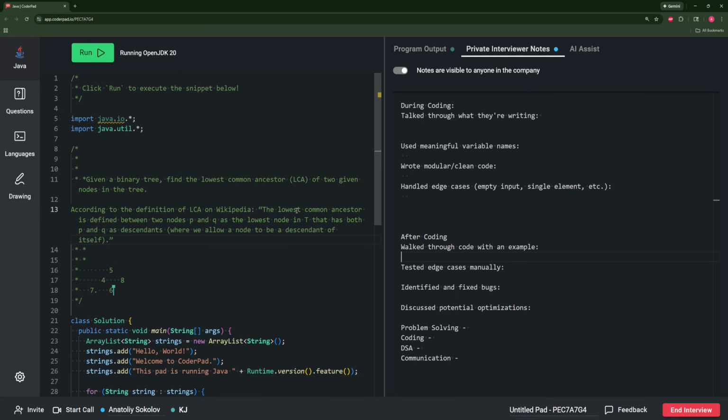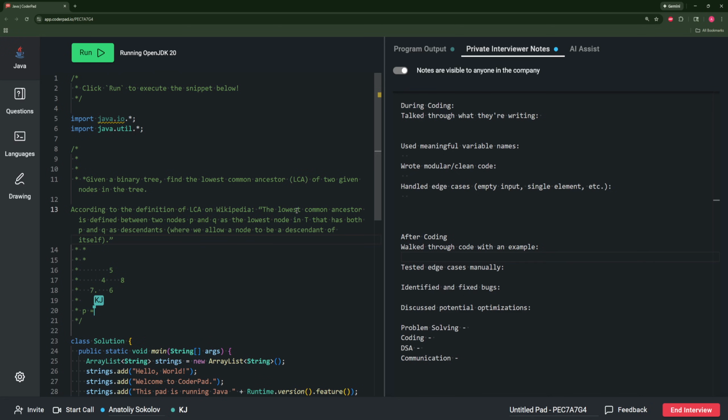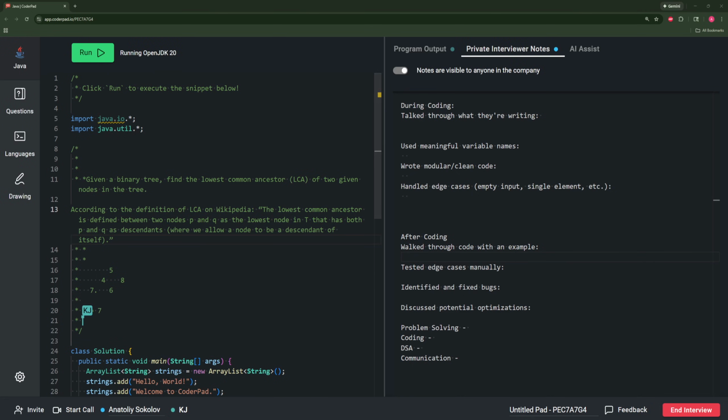Okay. Let's say this is our binary tree, and the nodes we are given are P equal to 7 and Q equal to, let's say, 6. So in this example, the lowest common ancestor would be 4.